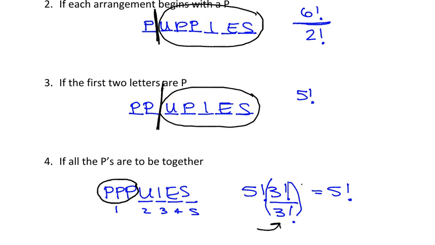So this way would be useful for other questions, but in general, just looking at this, you should be able to tell that if I change the arrangement of these p's around, I would not get a different word if they were all together. Okay, so in class tomorrow we'll be trying some different ones, but hopefully you were able to figure these out.